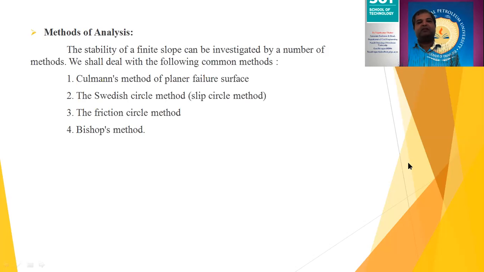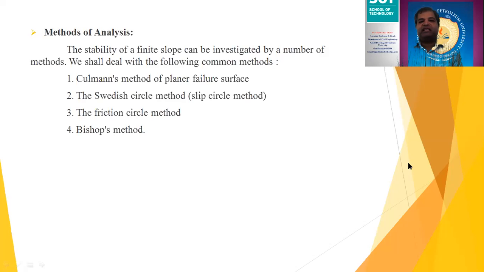This method will assume the failure surface which is in planar mode. So basically, it is being utilized for stratified deposits. Second is the most common and widely used method for analyzing the finite slope, which is Swedish slip circle method.